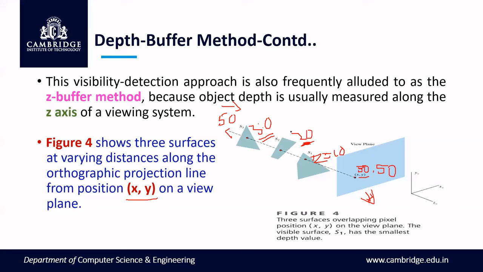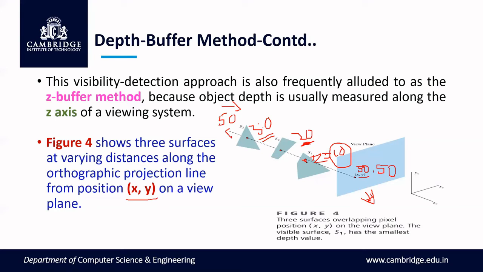What was previously stored in the buffer? Z20 is stored. Compare these two: 10 is nearer. So for this pixel, which value is stored? S1's value is stored. So that means which object is seen? S1 is seen. This is an overview of the depth buffer method.